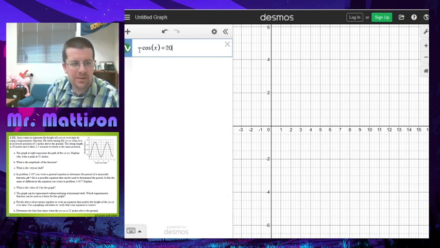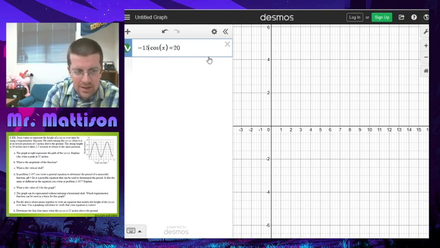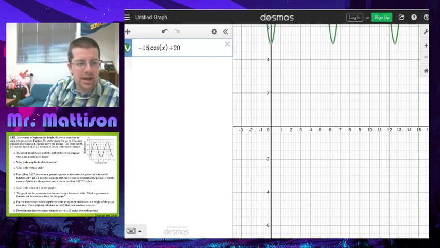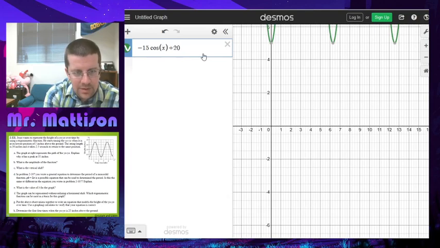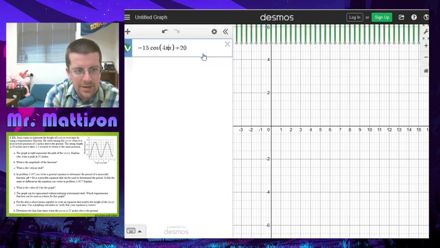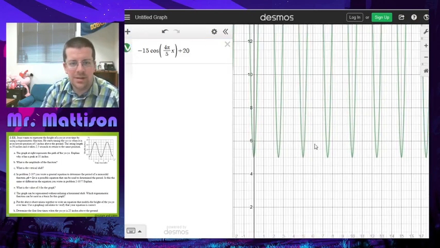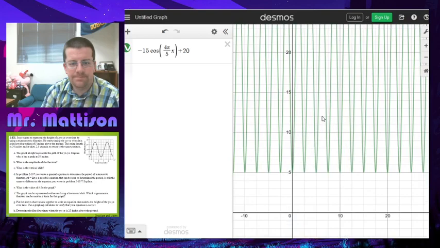My amplitude was 15, so I need a 15 in front of it there. And then I didn't want any shifts left and right, but I did want this to be 4 pi over 5. Let's see if this matches what we're looking for.